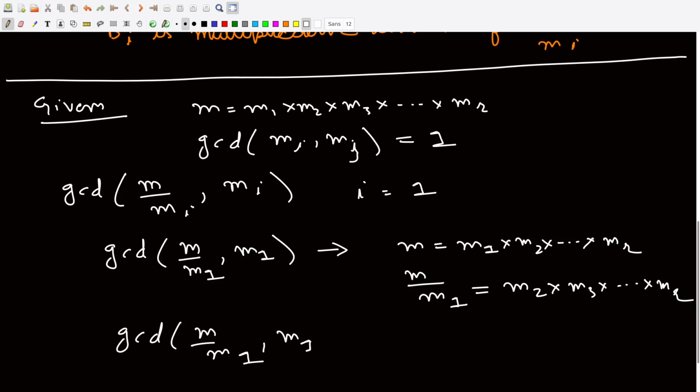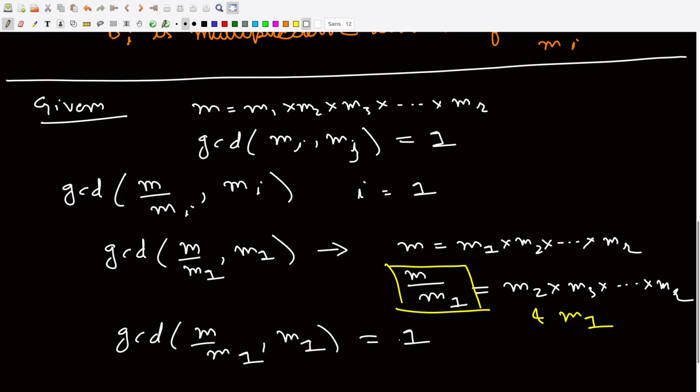Since there are no common factors between this term and m1, the GCD is 1.